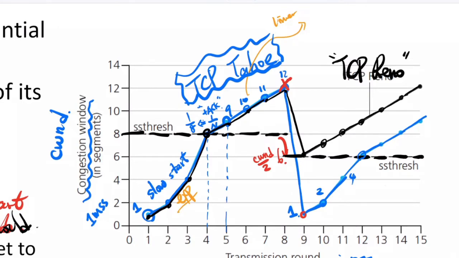You only need to decrease your congestion window to the slow start threshold, and then you can continue to increase your congestion window linearly. It's right here. Those are two different versions of TCP, and they take different strategies when they manage the congestion window size.